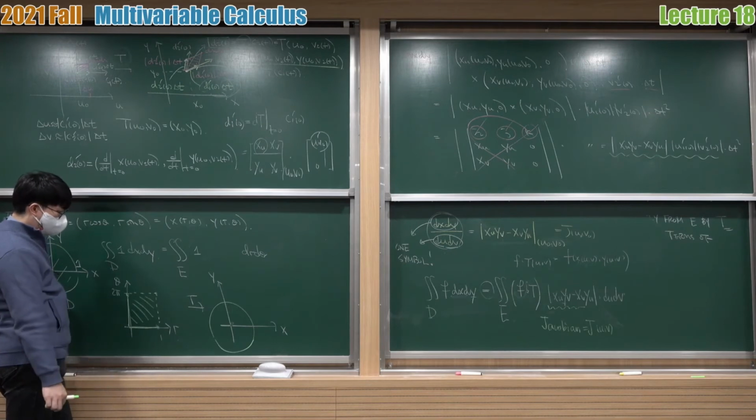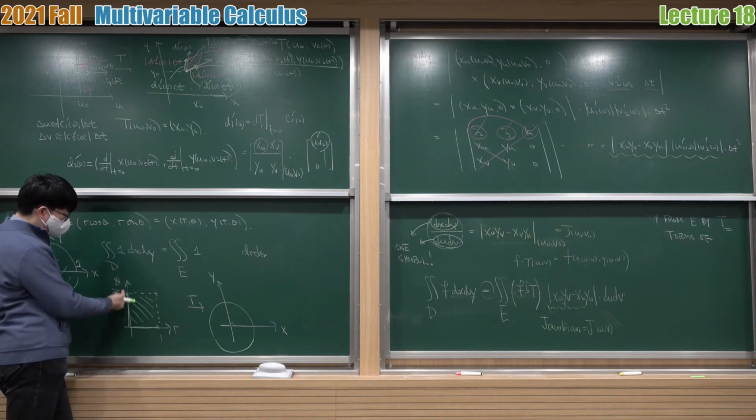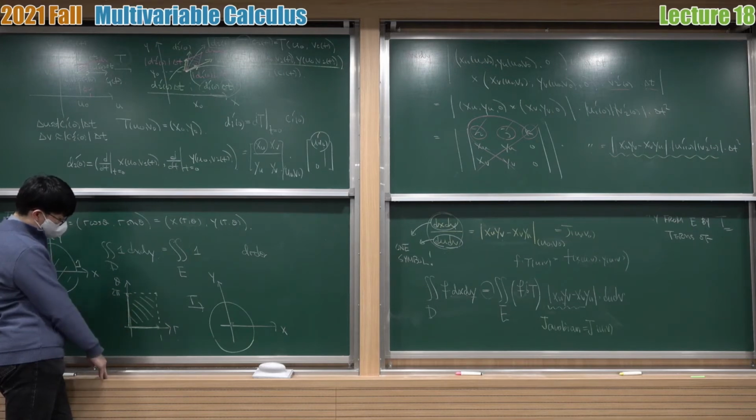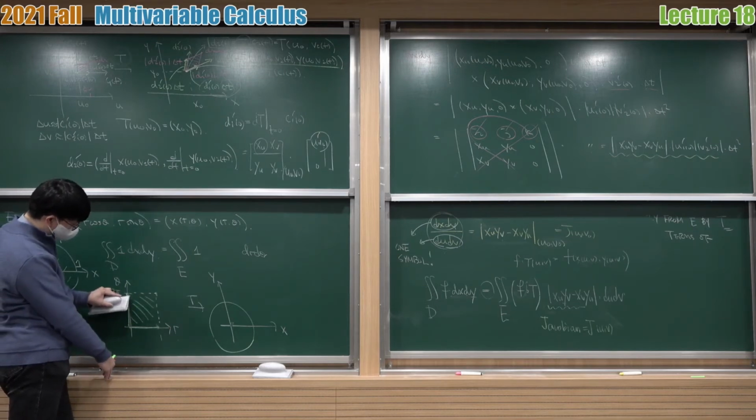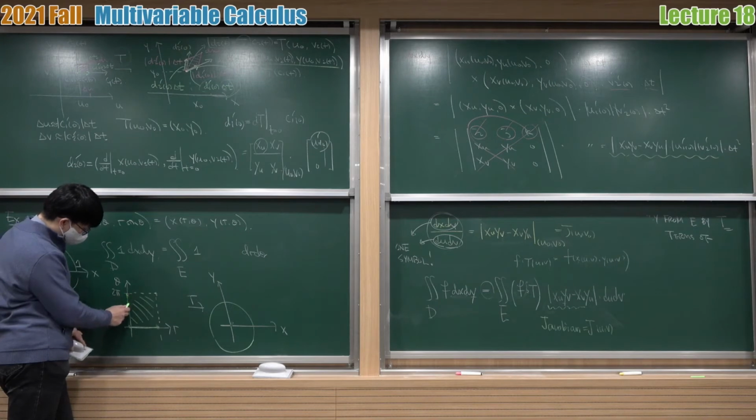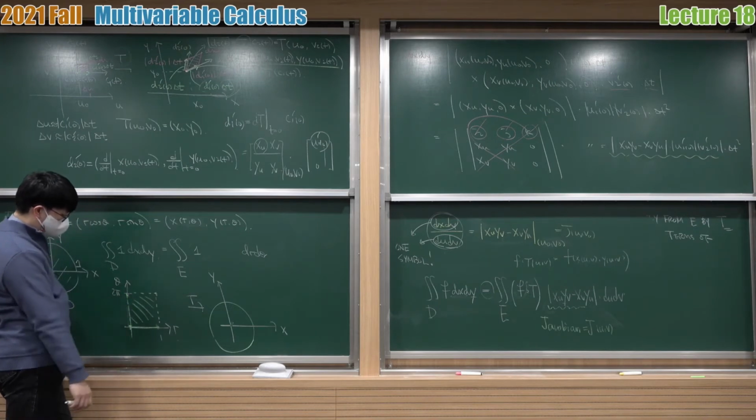But if you try to exclude all of these points, then maybe, if you want to be really accurate about this, you can exclude all of this and only include this part.